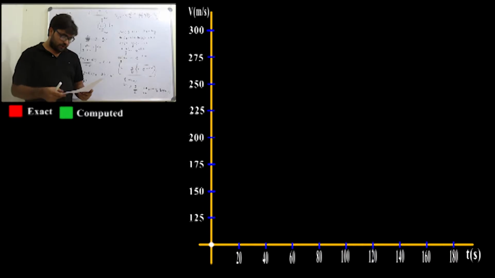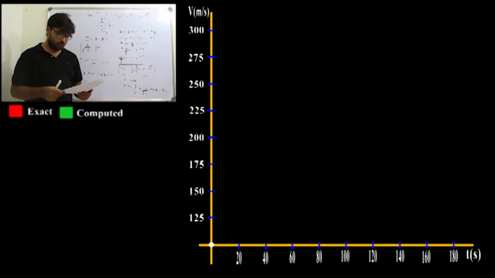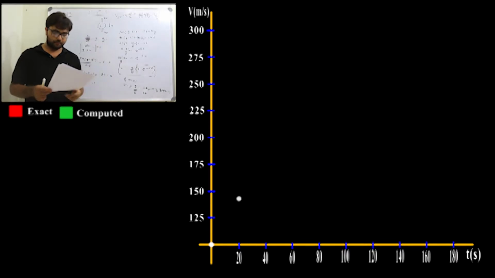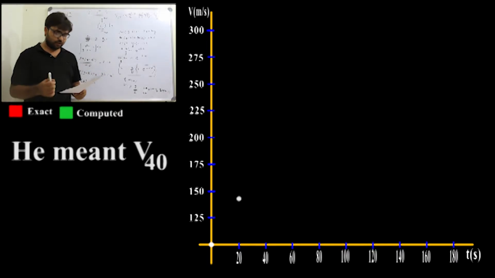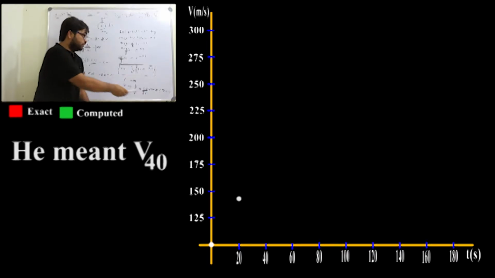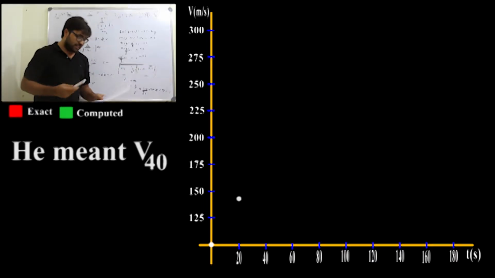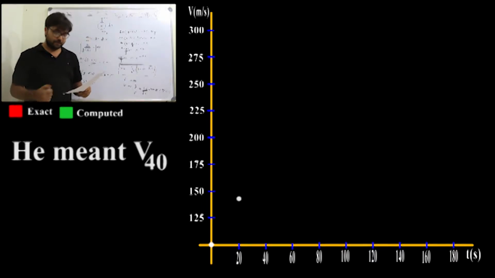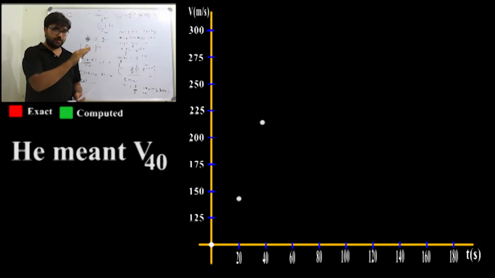When t is 20, V20 that we get is 144.11 meters per second. So this point somewhere here, I'm going to plot it. Then we are going to calculate V60. When I put the value of t as 60, V60 comes to be 220.58. So I will plot it somewhere here.